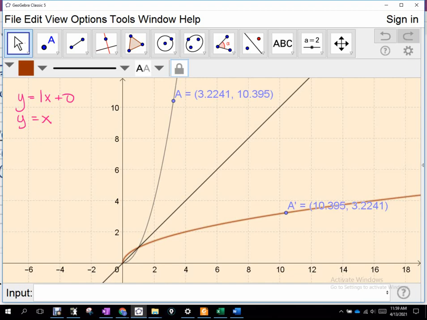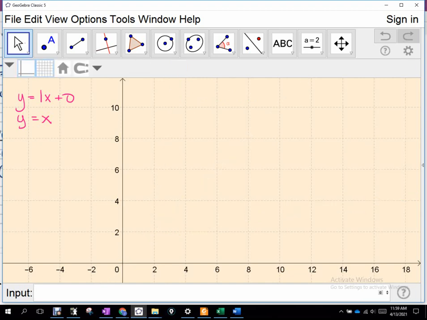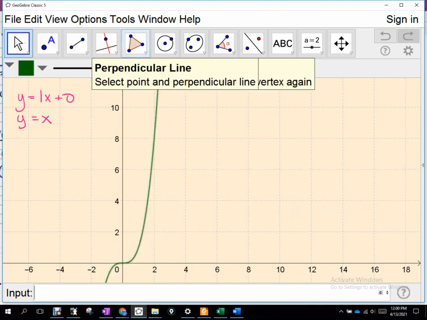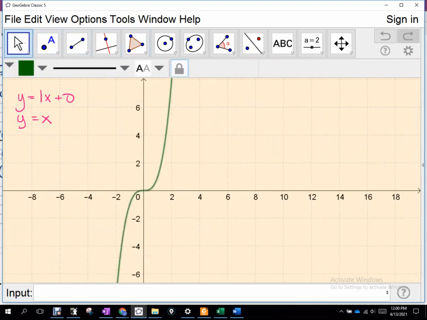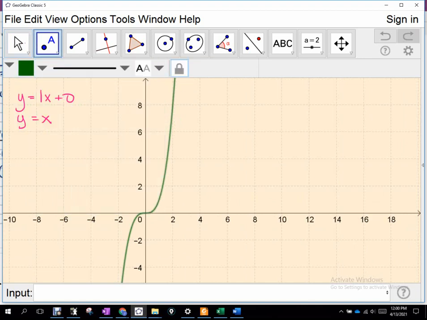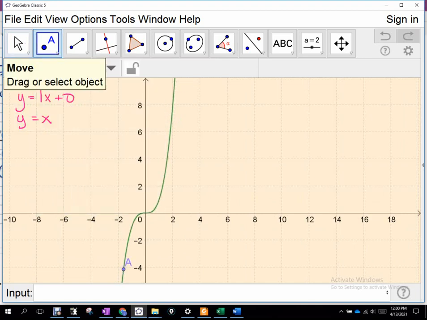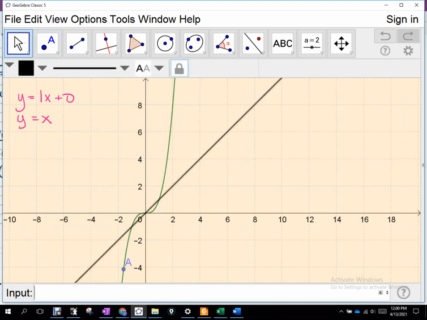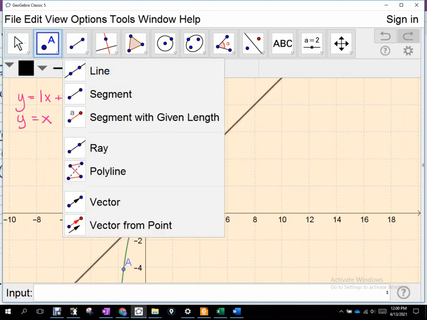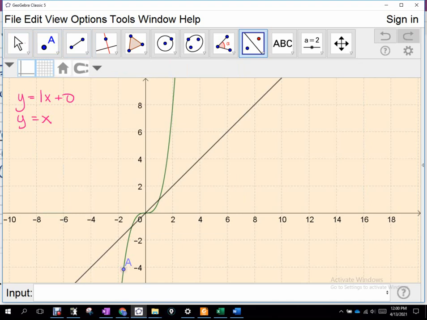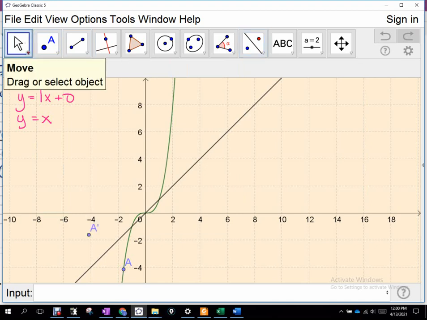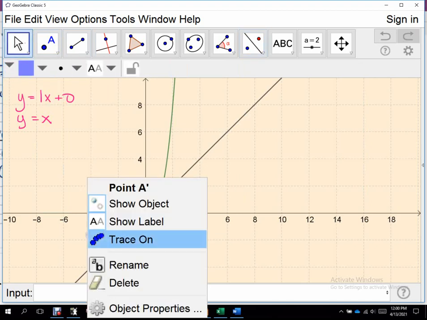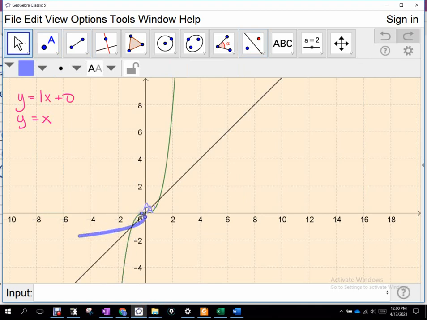If I were to look at cube root, let's go x to the third. That is x to the third. If I were to put a point on that, and reflect that point, and I'll trace it, I end up with that curve.